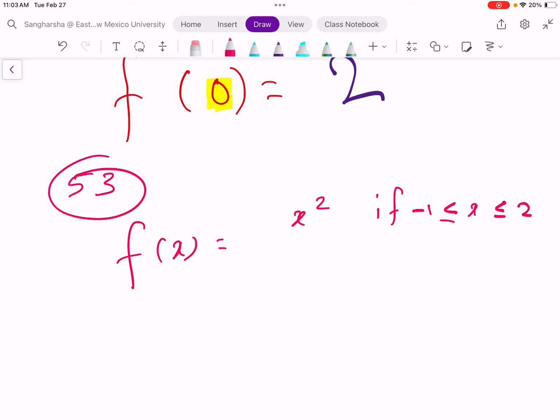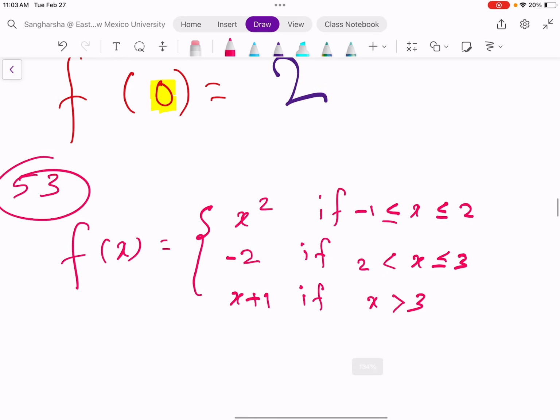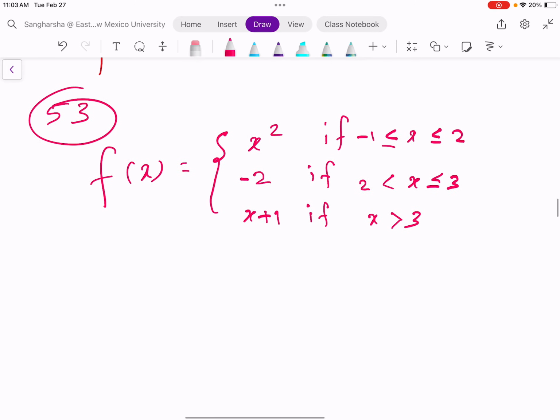The same f of x equals -2 if our input x is greater than 2 and less than or equal to 3, and the function is x plus 1 if our input x is greater than 3. So this is the piecewise function that we have here, and we need to graph this function.